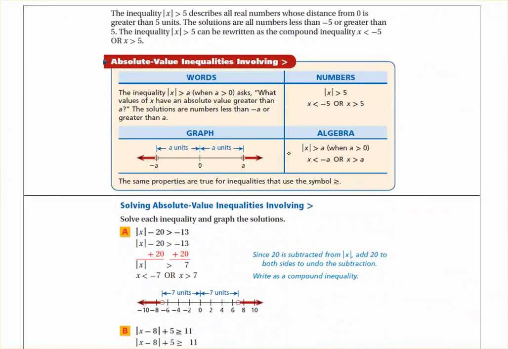A greater than absolute value is very similar to the or type of inequality. So the way that we do these problems is one of them again is exactly the same. The other one, we switch the direction and we put the negative.